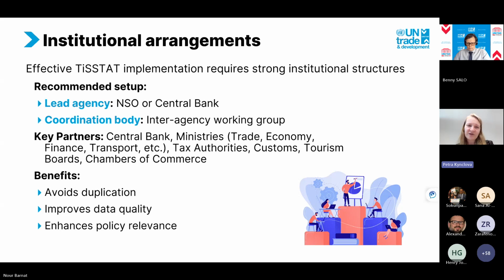And then to have a coordination body, which is an interagency working group that can involve all the important partners involved in the data collection, such as different ministries, tax authorities, customs, or for example, chambers of commerce. This is also dependent on the country setup. This will allow us to avoid duplication of work, make the process more efficient, improve data quality, and also enhance policy relevance. Next slide, please.